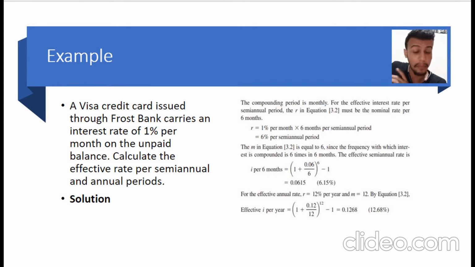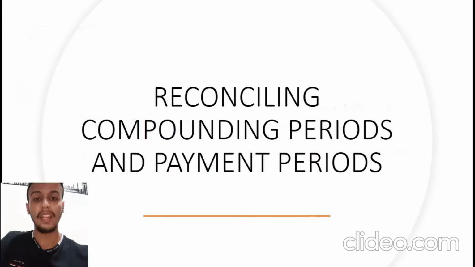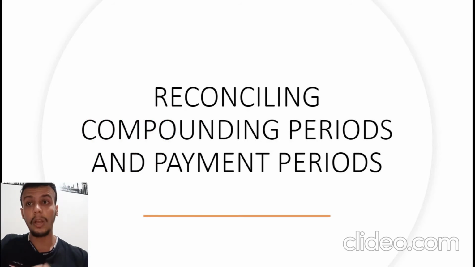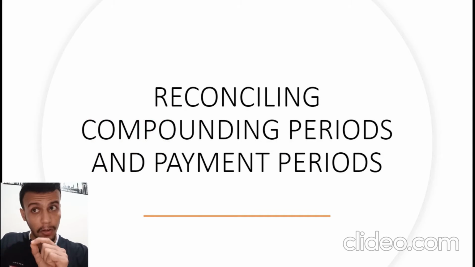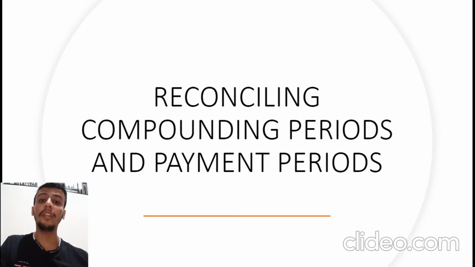To get i per year, we will use the same equation we used before, and it will be equal to 12.68%. And right now we're going to talk about the third point in our presentation: reconciling compounding periods and payment periods.